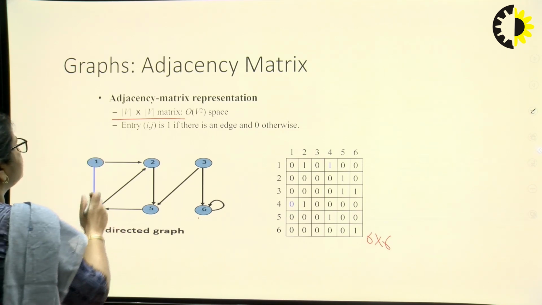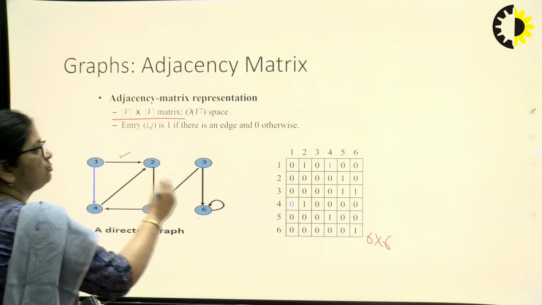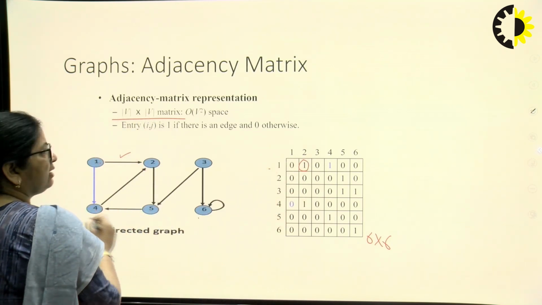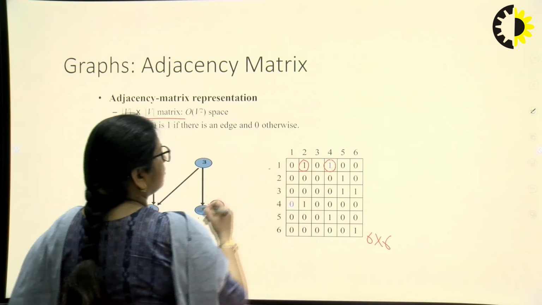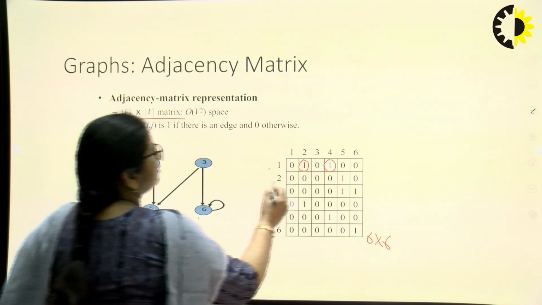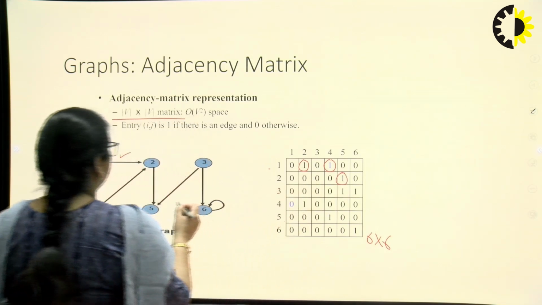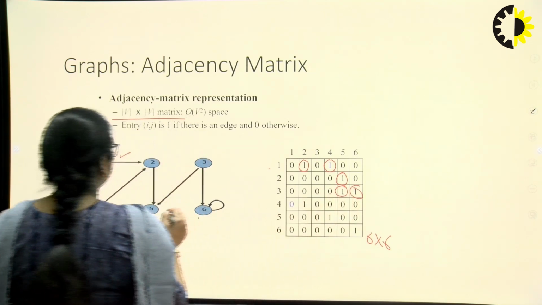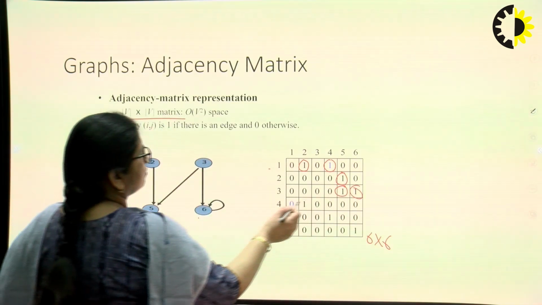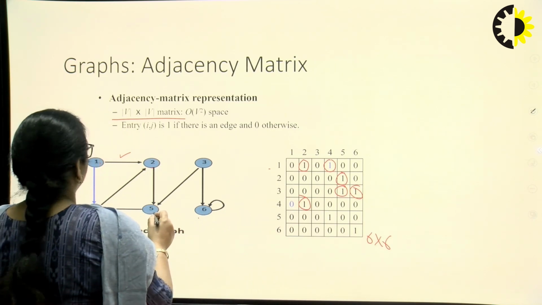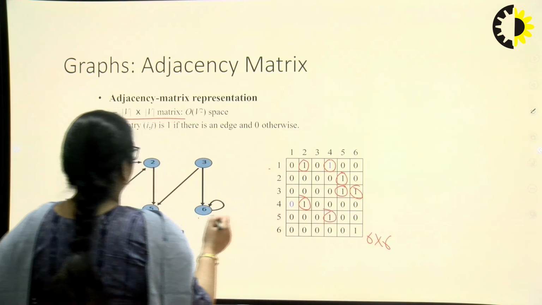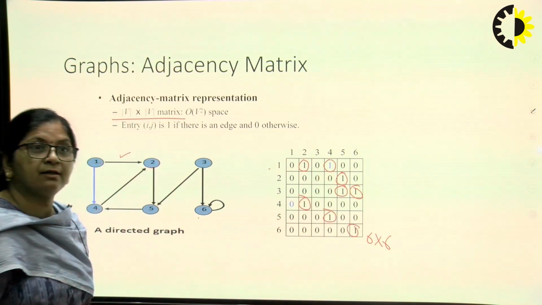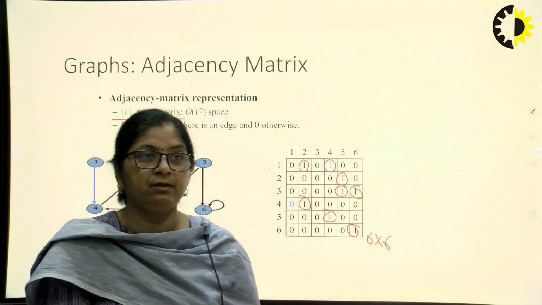Now what are the edges? 1 to 2 is one edge, so the 1 to 2 entry is 1. 1 to 4 is one edge, so the 1 to 4 entry is 1. 2 to 5, for 2 we are having only 5. 3 to 5 and 3 to 6. 4 to 2. 5 to 4. And 6 to 6. See, only these entries are 1 because an edge exists in these pairs.